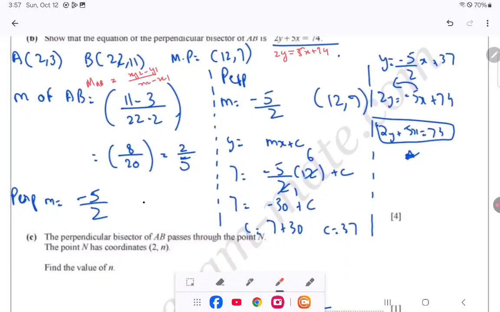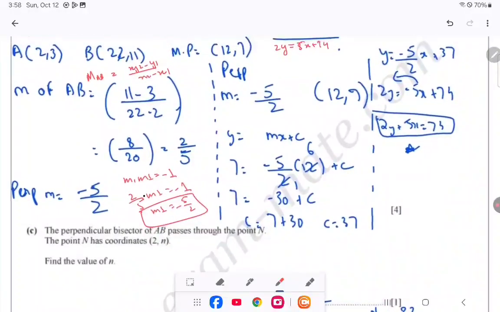In order to calculate the perpendicular slope, m perpendicular is equal to negative 1 over m1, where m1 is 2 over 5, so the slope will become negative 5 over 2. This is our slope of the perpendicular line.